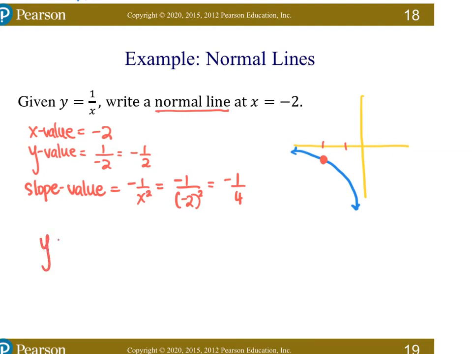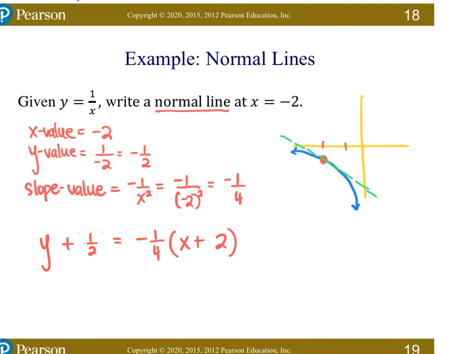So the line formed by touching the curve at that point would be y minus the y value of -1/2, so there's a double negative, the slope value of -1/4, and then x minus -2. So I've got a double negative twice, so I'll turn that into a positive. And I have a double negative also in the y value over here, so I'll turn that into a positive.